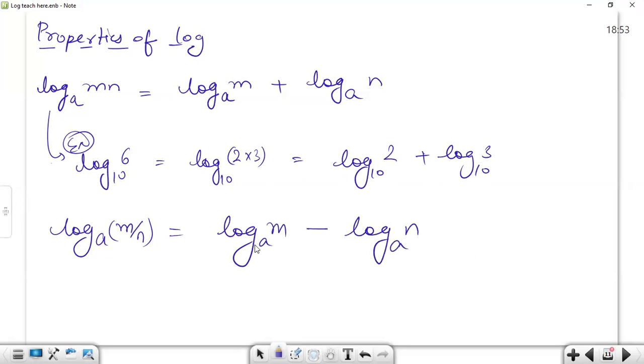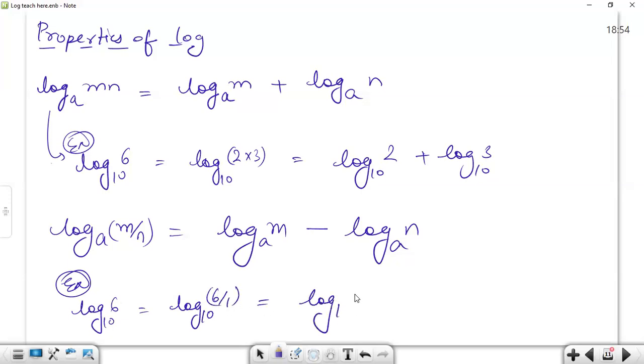Now an example of this is logarithm of 6 can be written as logarithm of 6 by 1 to the base 10. So it can be written as logarithm of 6 to the base 10 minus logarithm of 1 to the base 10.